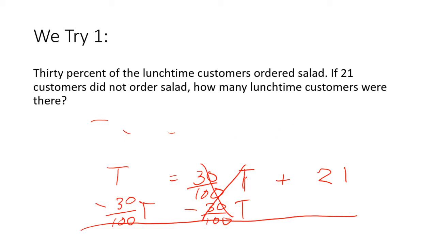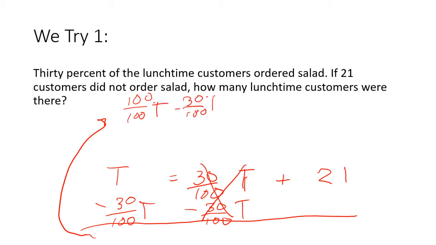Well, I'm going to move this answer up here because I ran out of a little bit of space. So it looks like I have 100 over 100t minus 30 over 100t is equal to 21. That'll give me 70 over 100, and I'm going to reduce that down to 7/10 if that's okay. 7/10 t is equal to 21.